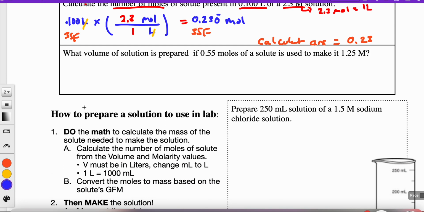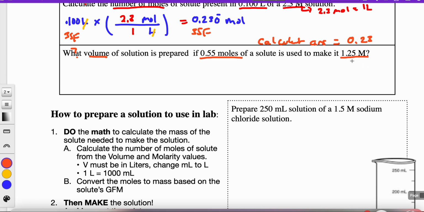Next example. What volume of solution, that's what we're solving for, is prepared if 0.55 moles of a solute, so we're given the number of moles of solute, is used to make this concentration.